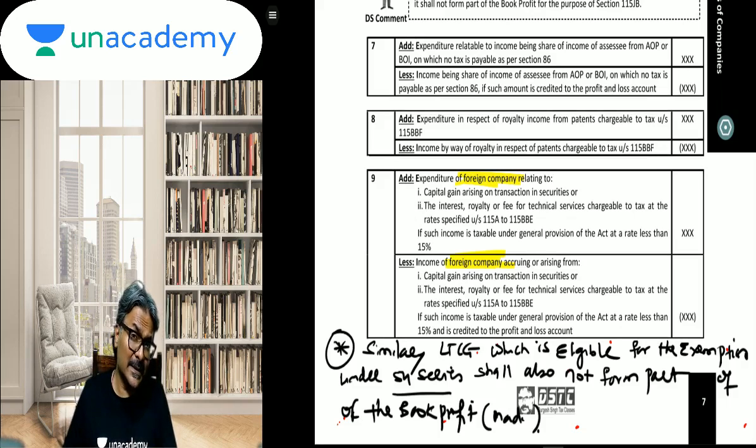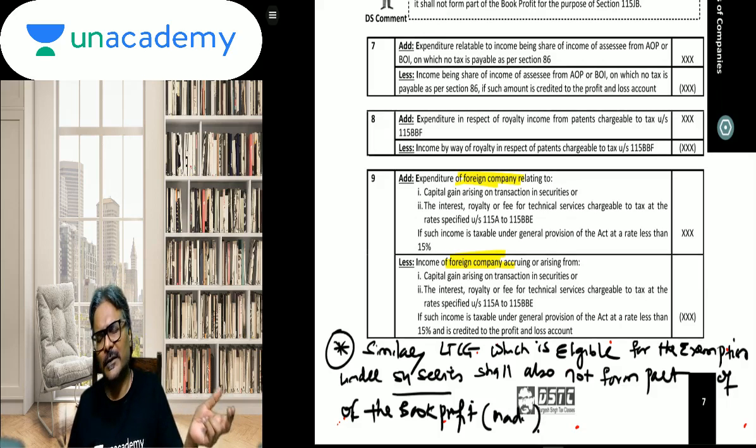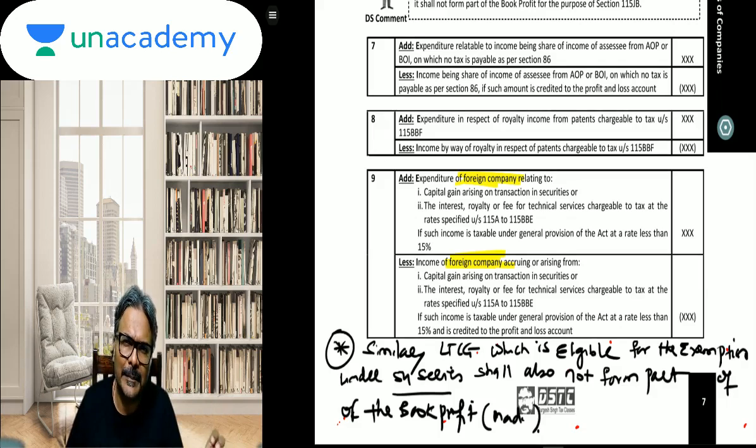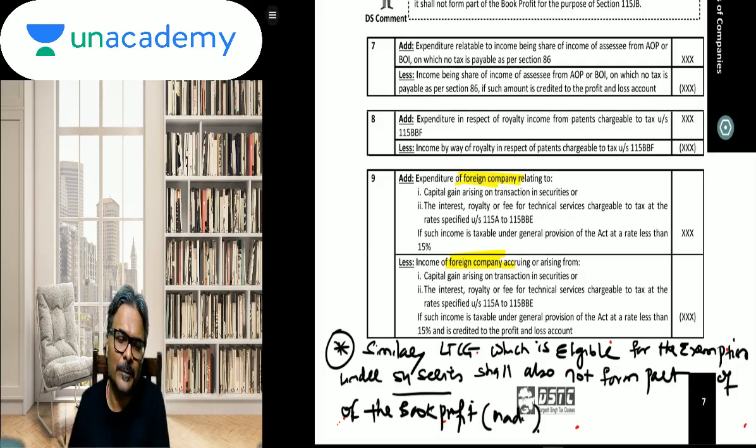Now this is a reference given in section 86. Just now I told you that the share of profit received by the partner from the partnership firm is exempt in their hands under section 10(2)(a). The fact that they got a shelter of section 10 meant that they were in a position to do what, students?